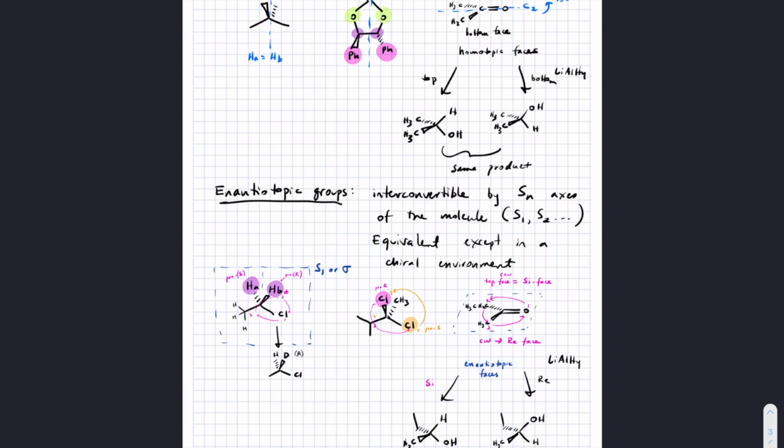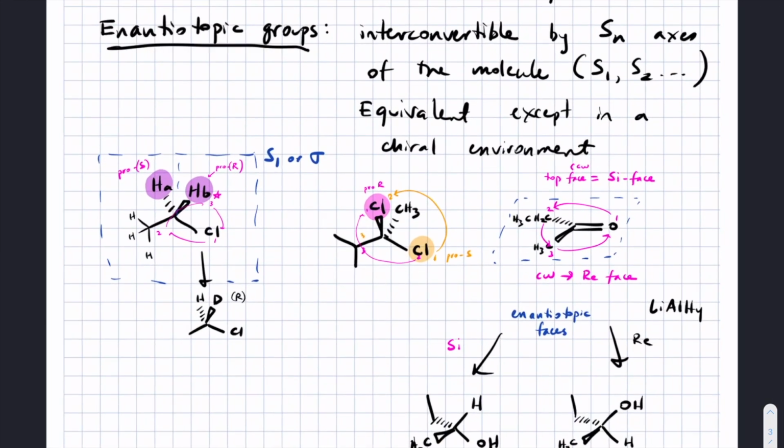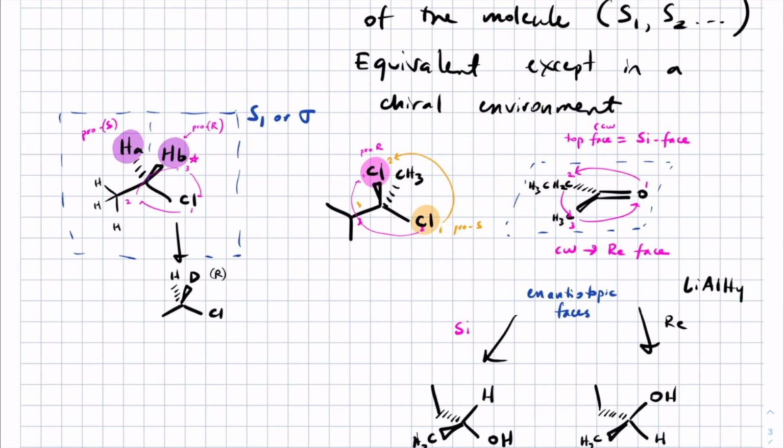If you do the reaction with the ketone with homotopic faces, you get the same product. If you do it with the ketone with enantiotopic faces, you get enantiomers. And again, a chiral molecule or a chiral reagent or a protein can tell the difference between the psi and the ray face of a ketone. All right. Anything more we need to say there?